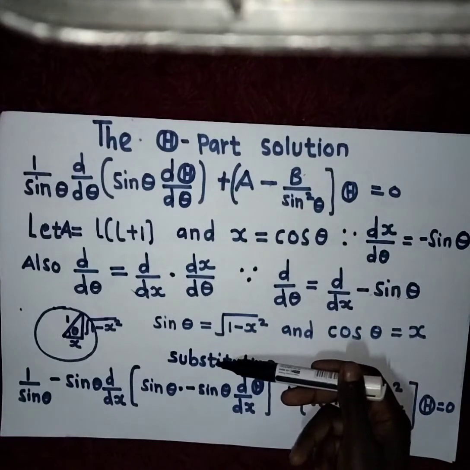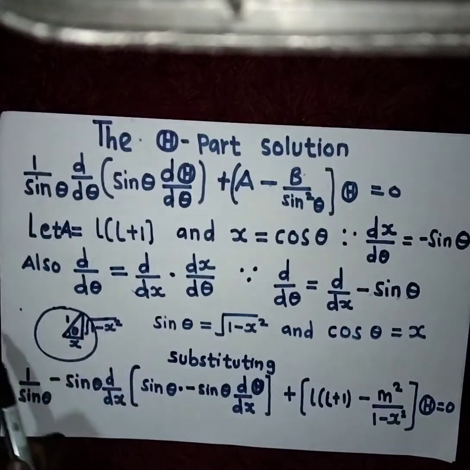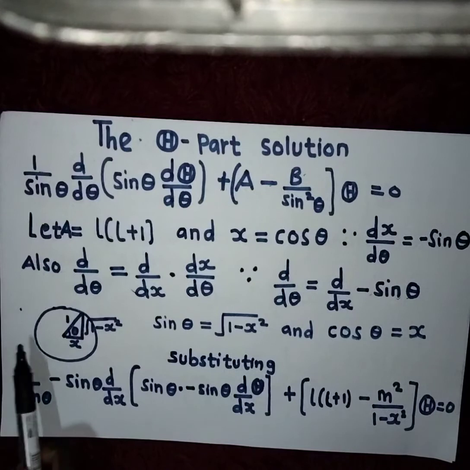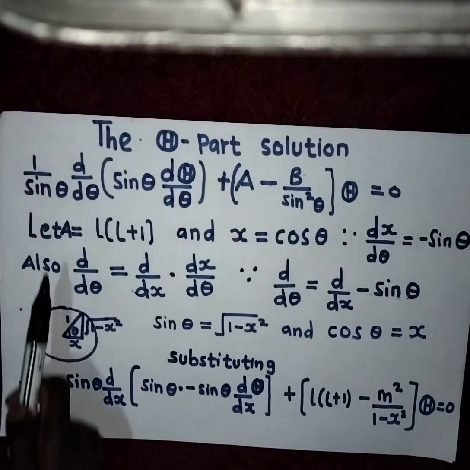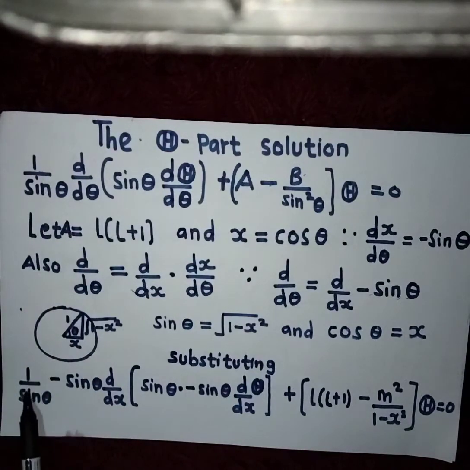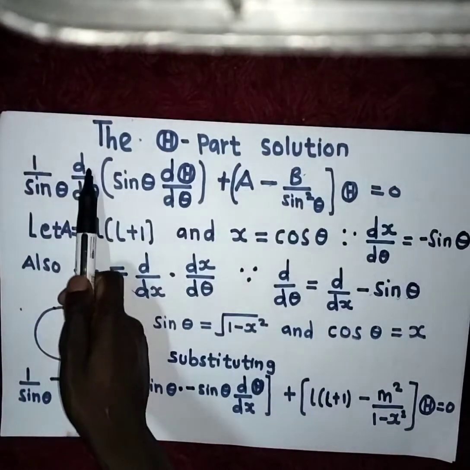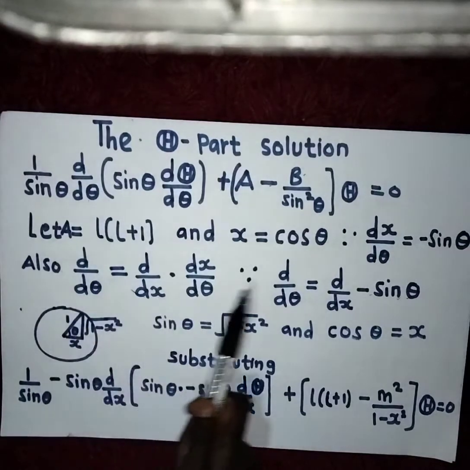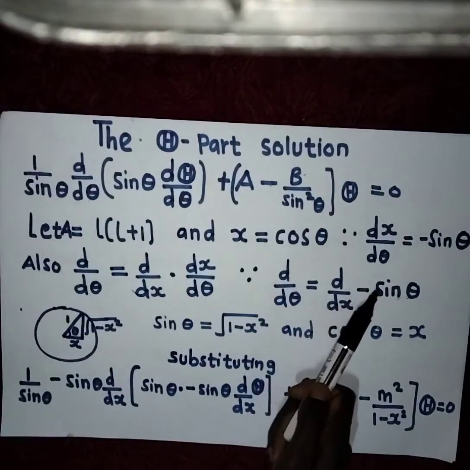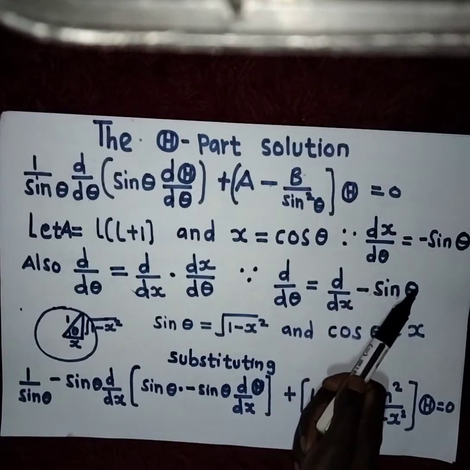So if I substitute this one, I won't substitute because you realize there will be some cancellation which will take place when I don't substitute it. So if I have 1 over sine theta, then I have d theta here equal to d dx minus sine theta, negative sine theta.